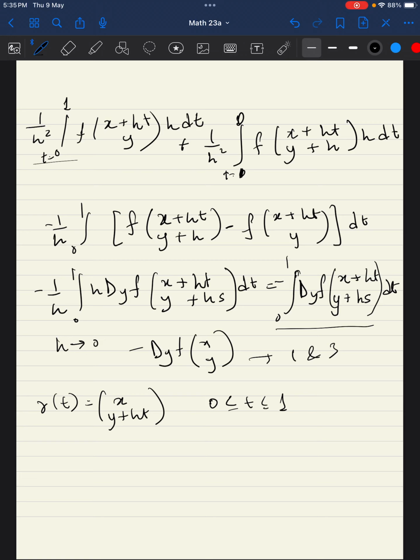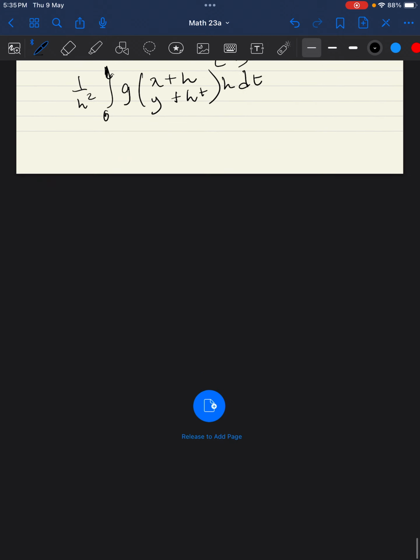And then the Jacobian for this is going to be 0, h, and the contribution for this side is going to be 1 by h squared, 0 to 1, that's what we are integrating against, g of x plus h, y plus ht, h dt.